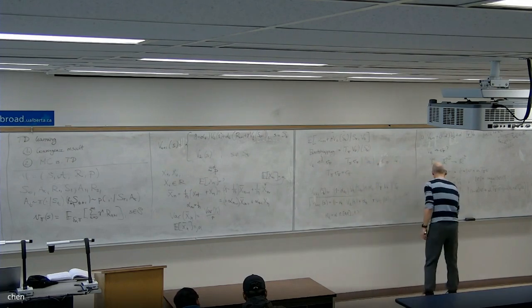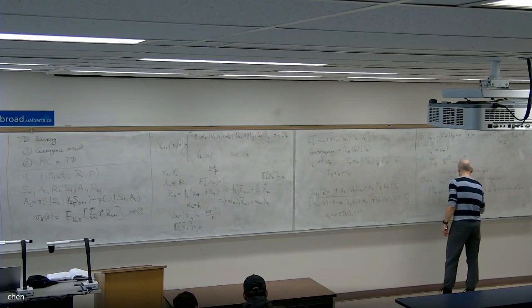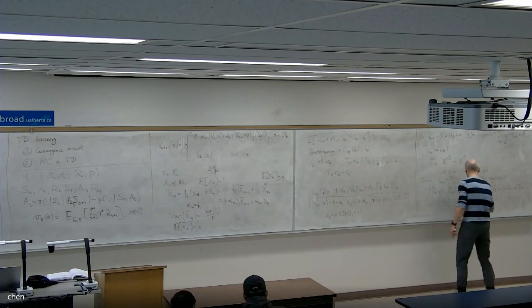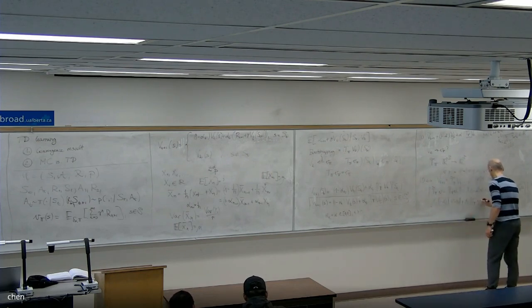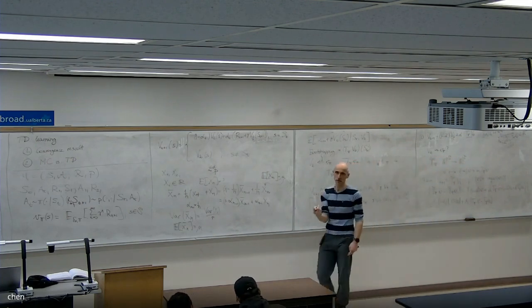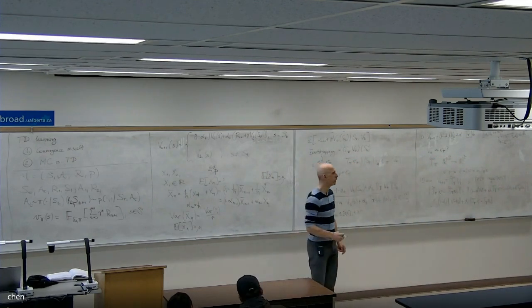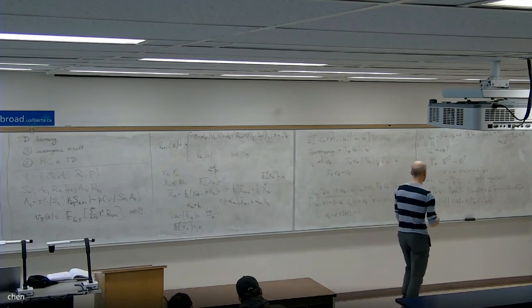Instead of speaking, I should just write it. And so I get this. And this. This is just because from a norm, you can pull out a constant, and by the triangle inequality, which every norm satisfies.